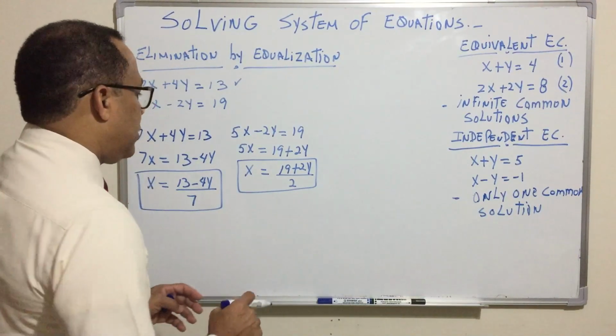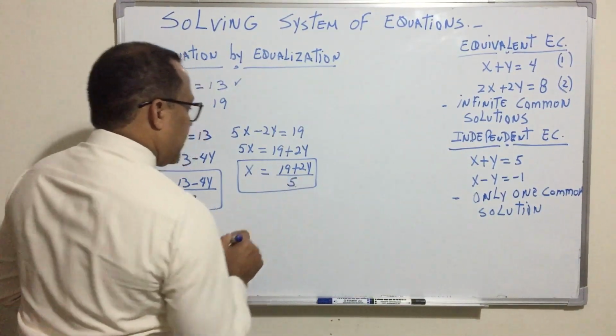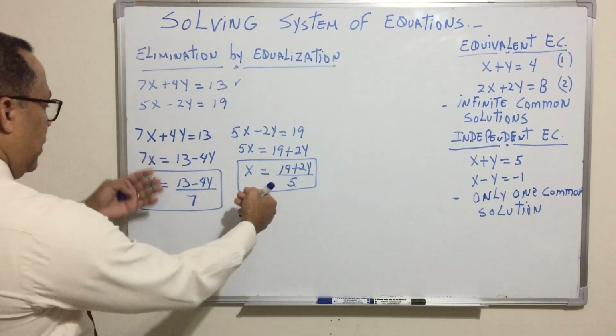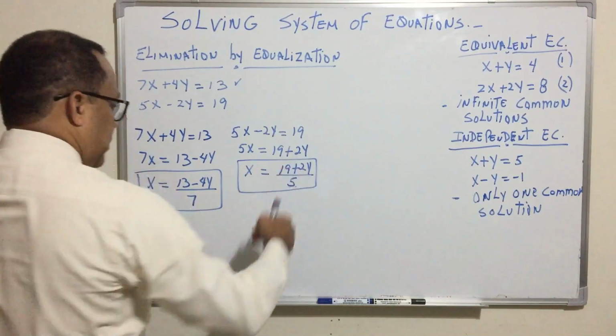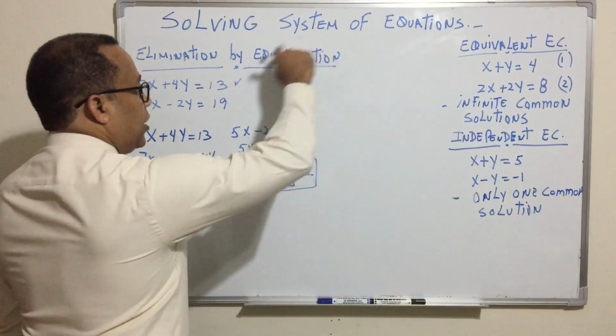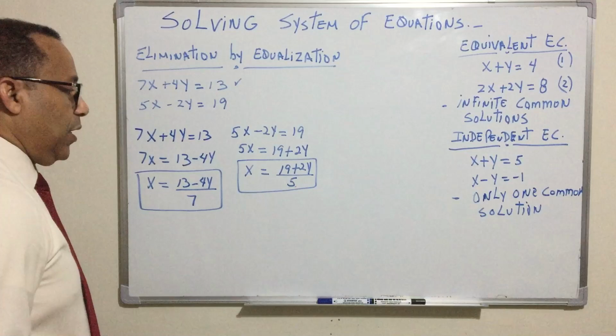What have we done? We have gotten the x on the first equation and the x on the second equation. And the name of it is equalization. It means that I need to get these two equations equal.